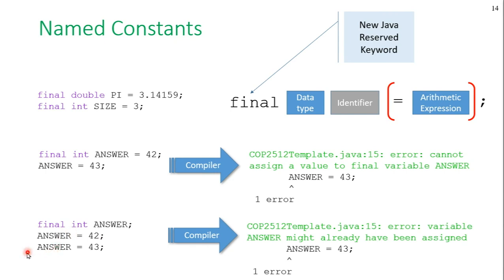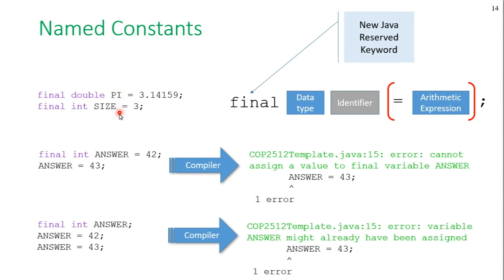But if later on you try to change that value with another assignment, you're going to get a compiler error. So the bottom line is when a variable is declared final, it can be assigned a value only one time, either when you initialize it, or later after the declaration, like 50 lines of code later, maybe. But once you have a value inside of it, that's it. It's locked down.